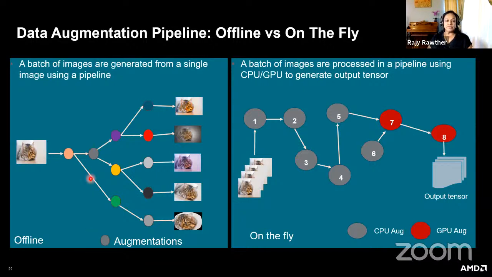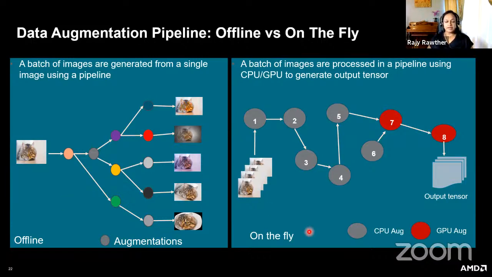So in the offline use case, you can take one input image, apply a bunch of augmentations with different strength parameters, and produce a batch of images at the output. So this is multiplying your data set. It will help you get hard-to-get or rare variations, because you haven't been able to get all the images which represent every condition in your data set.